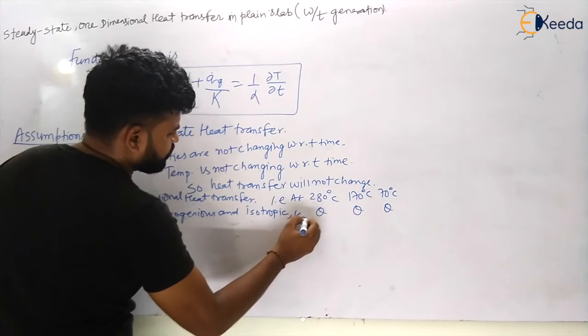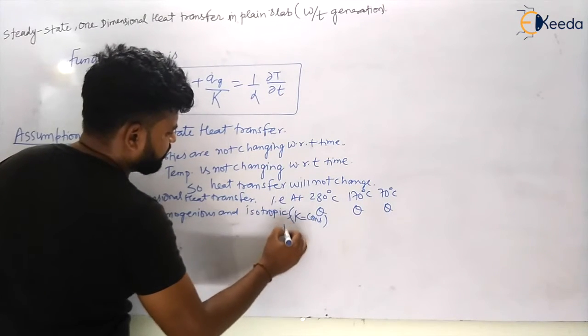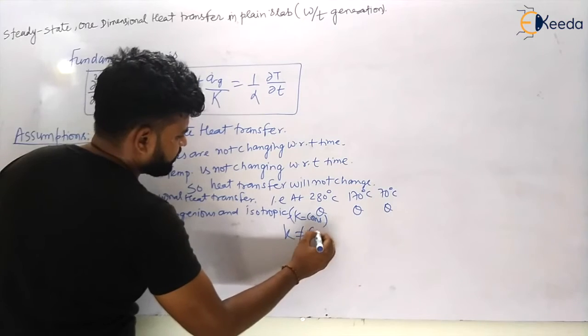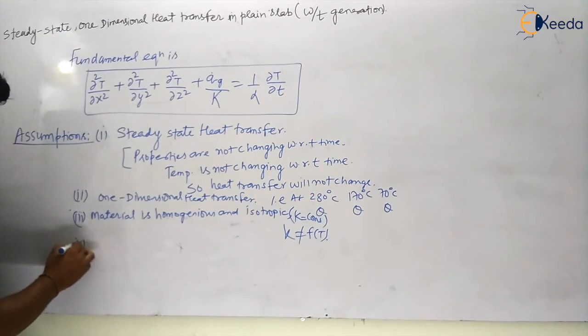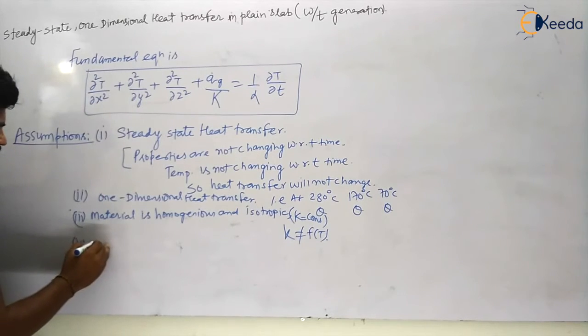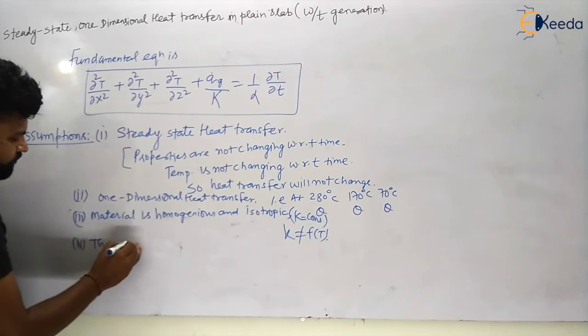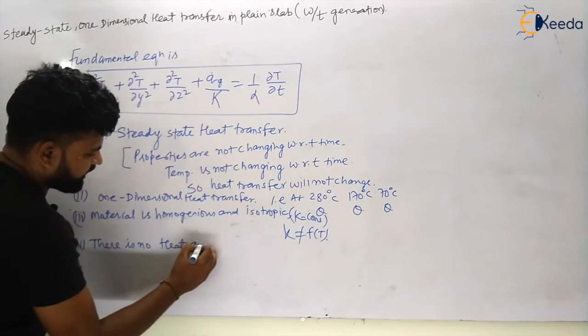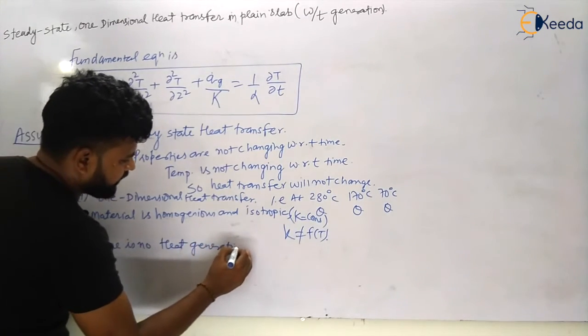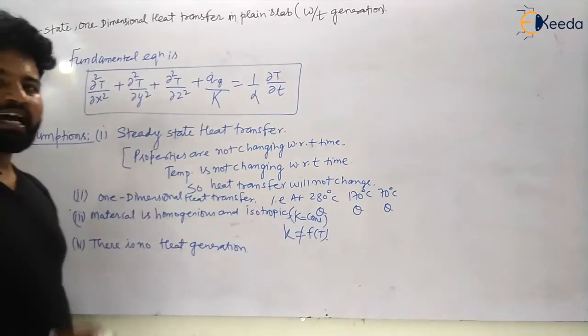And conductivity is constant, means K is independent of temperature. And number four, which is most important, there is no heat generation. So we have these assumptions.